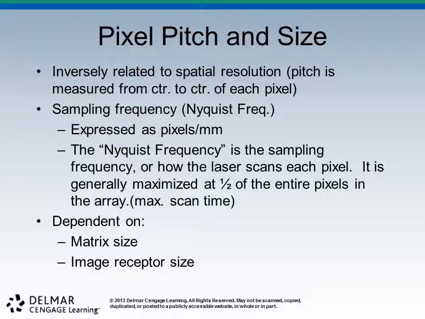All right, and I know we've talked about pixel pitch and size, and when we did, we used this term Nyquist frequency. I'm going to leave this up there for just a second, and I'll restate what I said the other day. The sampling, or how the laser scans each pixel, its max is at about a half of the entire pixels in the array. That means the very best spatial resolution, we're taking a half of that.